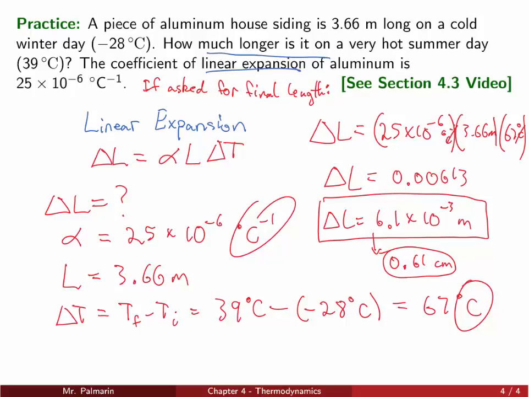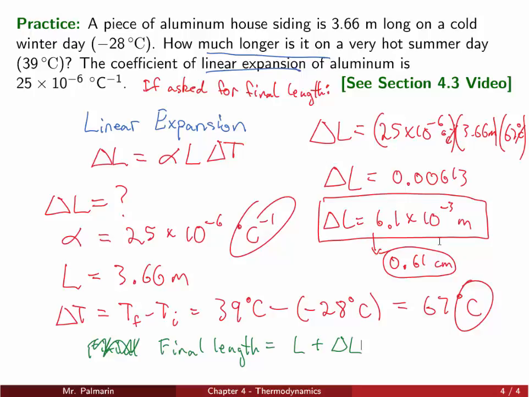Final length, and I'll perhaps put it in a totally different color. Final length, whoa, what in the world? Sorry. Final length is equal to L plus change in length, right? The initial plus the change. So keep that in mind as well.